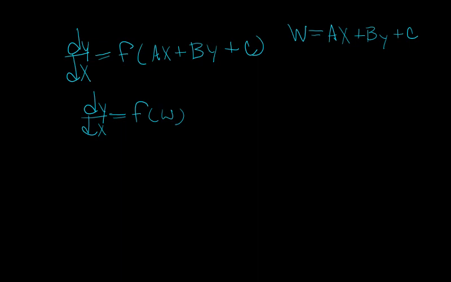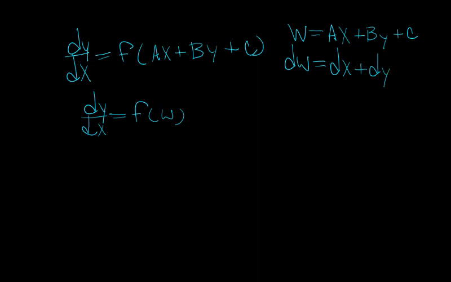So for starters, recall from the other methods that involve solutions by substitution that in this case we are differentiating implicitly. So if we took the implicit derivative of our function w of x and y, dw would then be equal to a dx plus b dy.